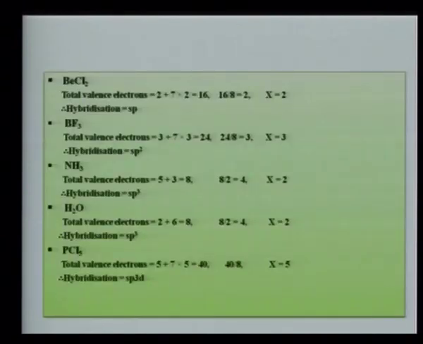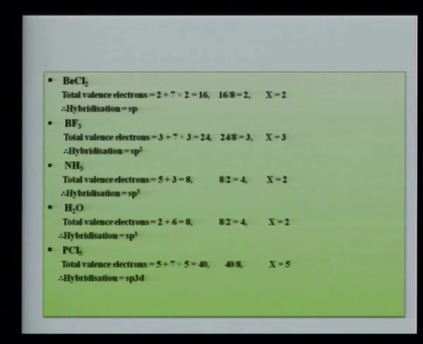Now we can take some examples here. BeCl2: I have just given the formula for H. H is equal to the surrounding atoms, which are 2, plus half of the number of valence electrons, which is 2, minus 2 for the two Cl, so you will get sp type of hybridization.